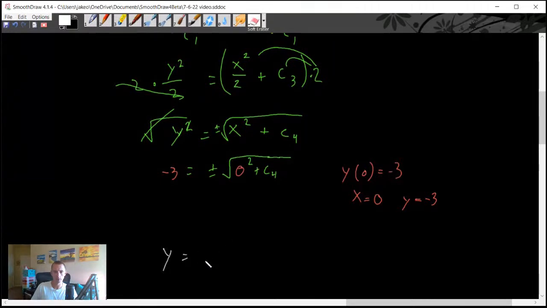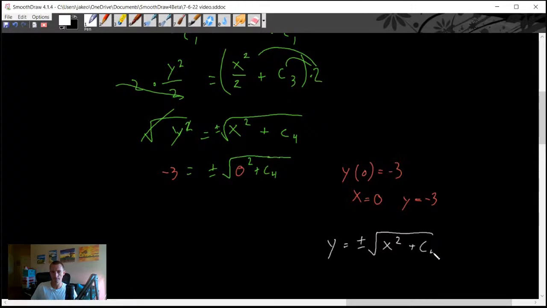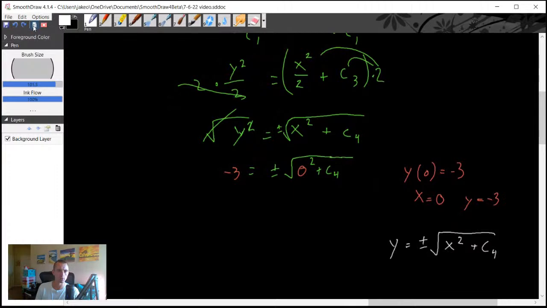Actually, let me write it off to the side here, sorry. Okay, so basically this is a general solution to our differential equation, not accounting for our initial condition. Accounting for our initial condition should give us C4. So I'll just write this general solution off to the side, and then we can kind of proceed with solving for this.